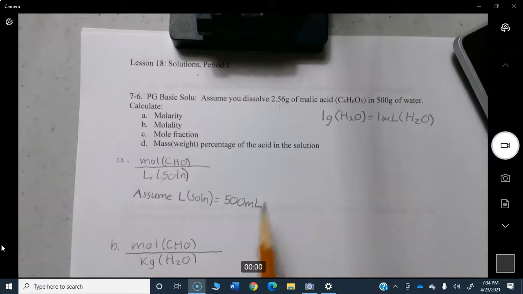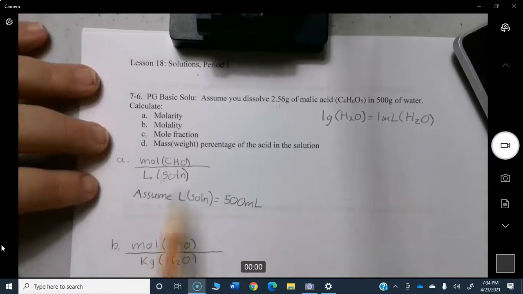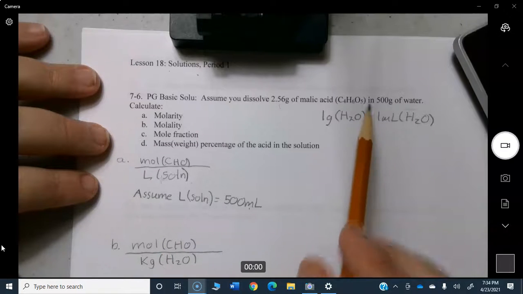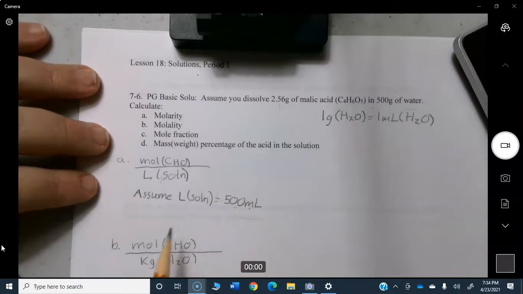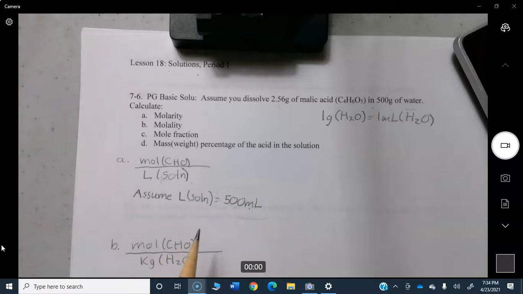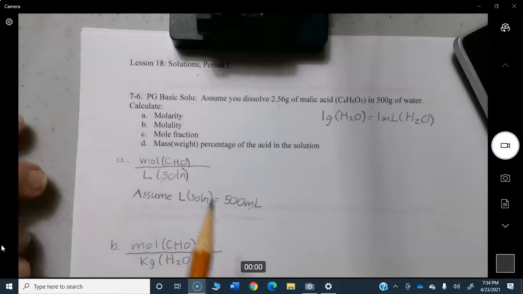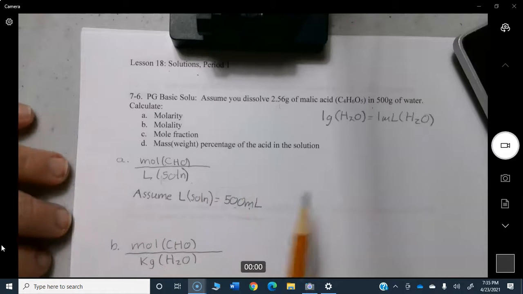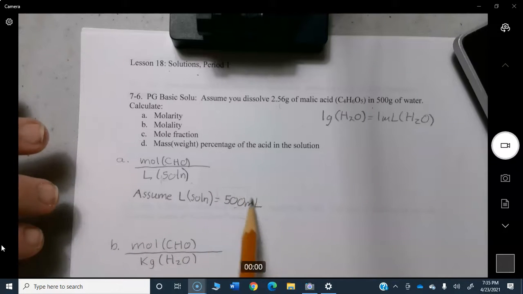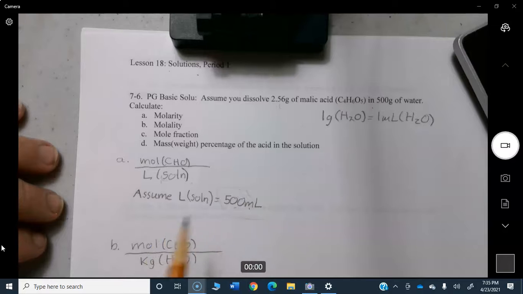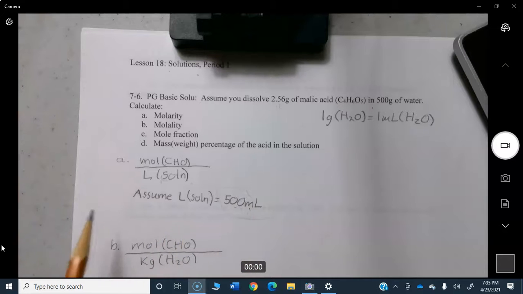All right, so if we have that conversion, then that means that 500 grams of water would be 500 milliliters. So we're going to go ahead and just use that assumption. It's not absolutely accurate, but it's the best we can do. Otherwise, we couldn't solve the problem. All right? So you can either state the problem can't be solved, or you can state, if you make this assumption, you can go ahead and do it. And I'd rather you make that assumption.